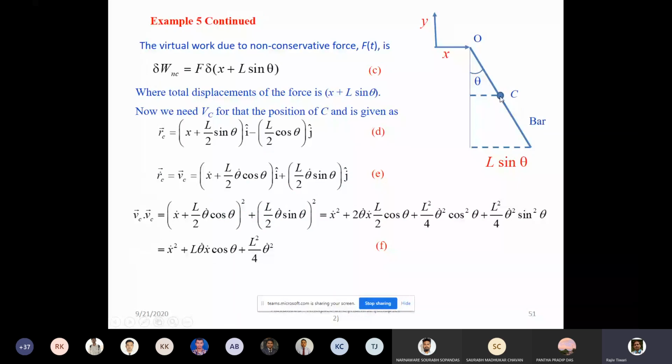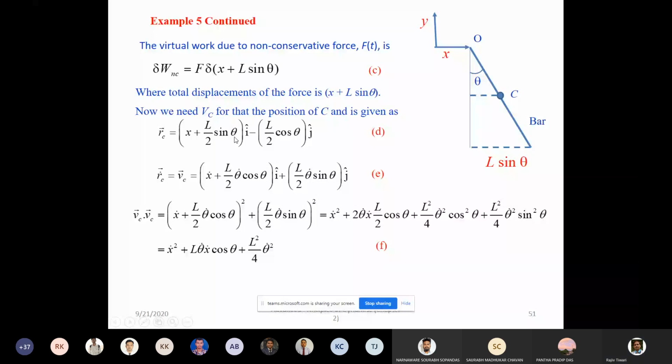The horizontal displacement is x plus L by 2 sine theta. So this is the total horizontal displacement of the center of gravity of the bar. This is in the positive x direction, so this is positive.